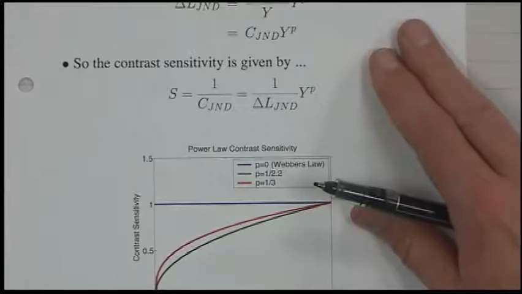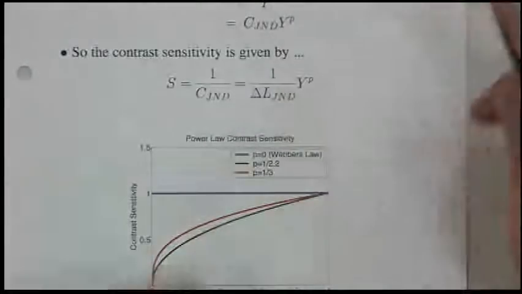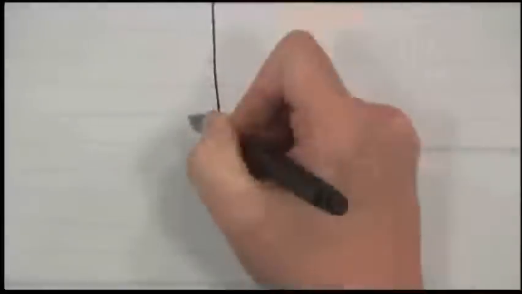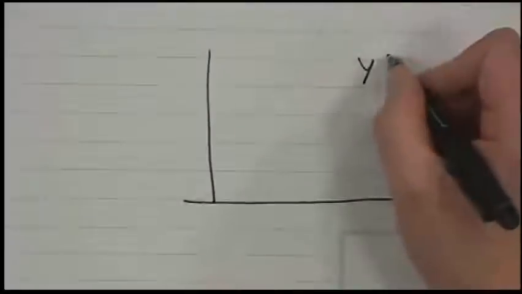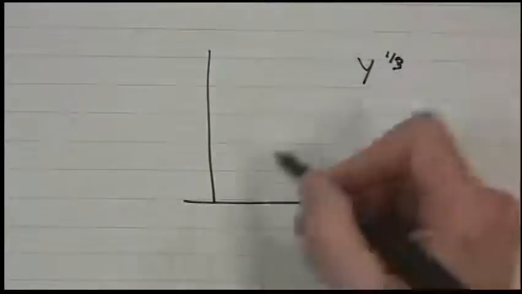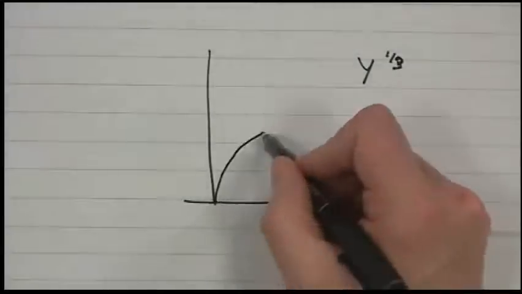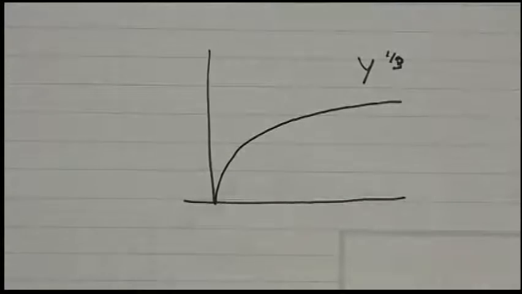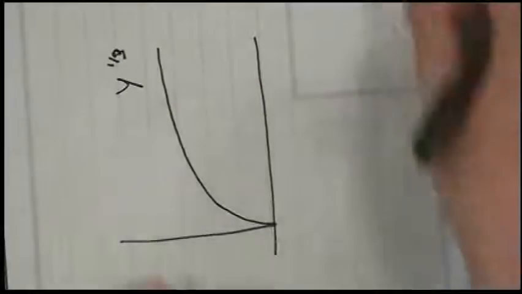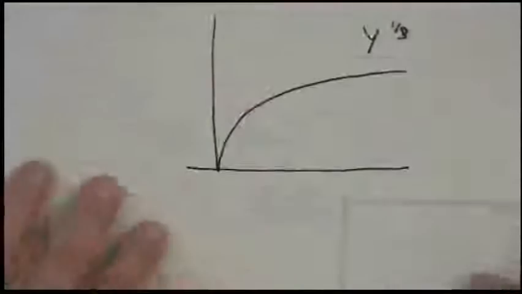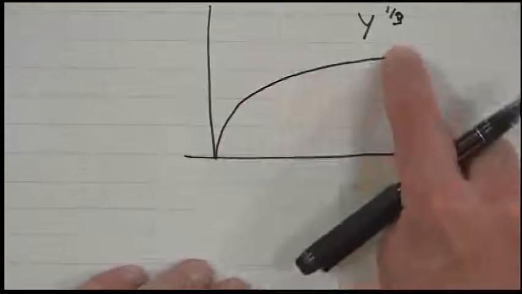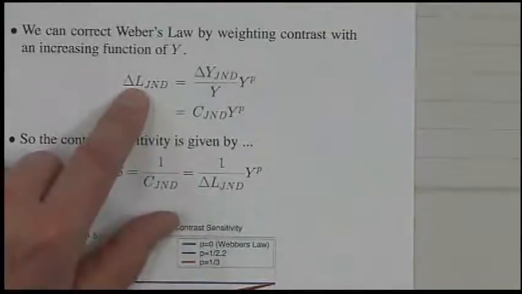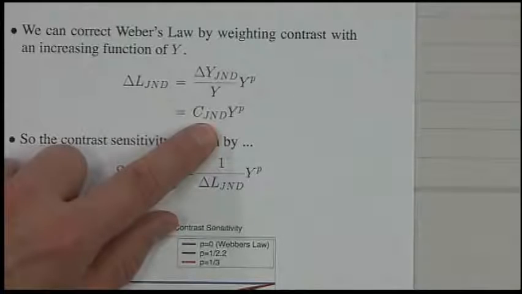But p here is less than 1, okay? So the function y to the p, if you have y to the say 1/3, then it's like taking a cube root but putting it on its side, right? So it would be like if you turned it this way, well, you'd have to flip it also, but it would be like a cube function. So you have a function like this. So what it's saying is that the delta L has to be larger at dark.